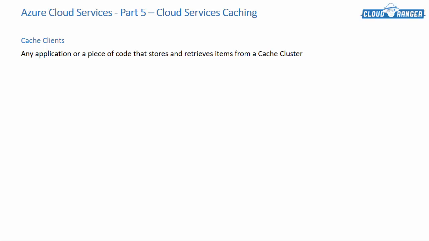It's a terminology you have to understand quite carefully, because you have to know what your cache clients are going to be to create the different kinds of cache. Like I mentioned, you could have multiple named caches, so you have to understand which cache client is utilizing which named cache to store or retrieve information from.